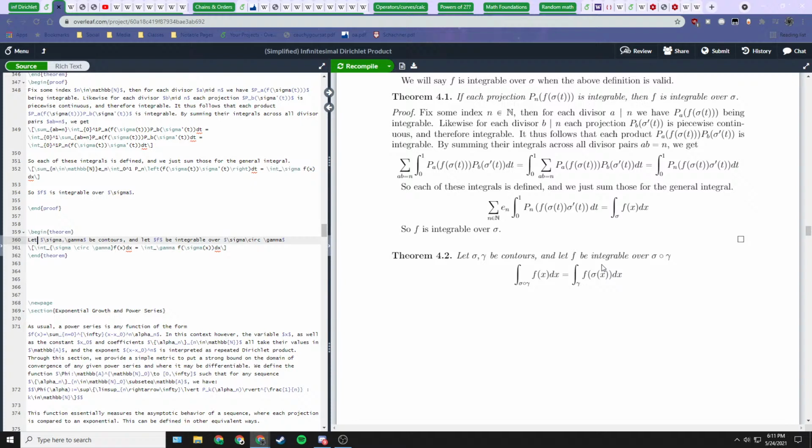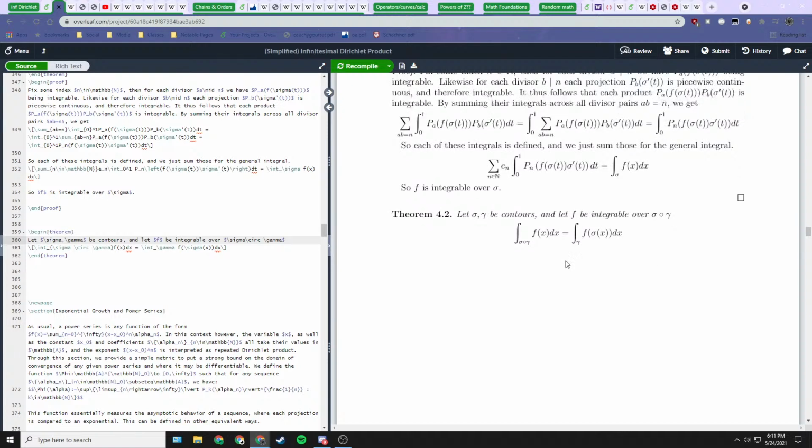Oh gosh, let me think. I think it's supposed to be the outside for this substitution rule. So we want to have some composition.